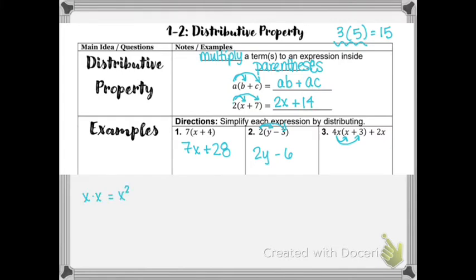So when I multiply 4x times x, that gives me 4x squared. Multiply the 4x times the 3, that's going to give me 12x. And then I just have this plus 2x. It does not get multiplied. It has a plus sign here, so it's going to get added. So after I've distributed, I can look at these like terms and combine them.